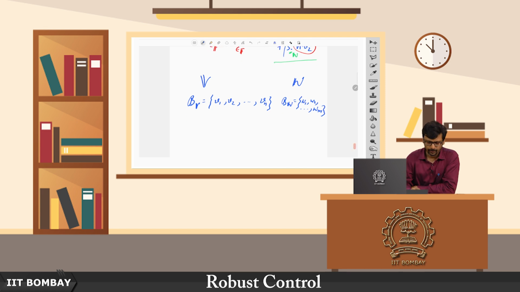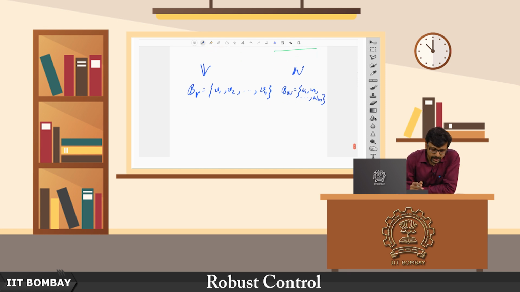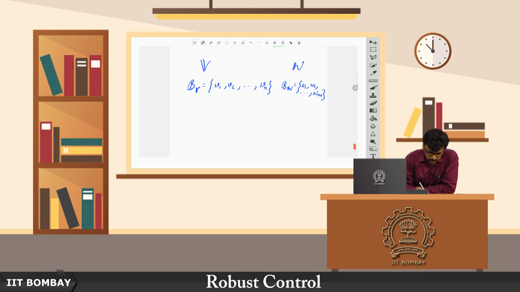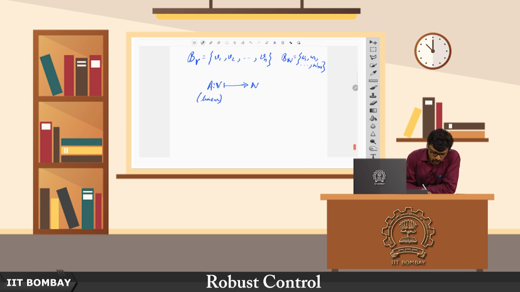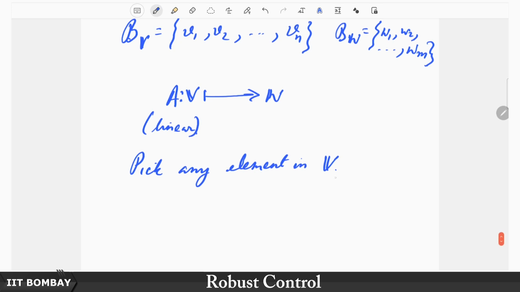All right. So, now what do we say about this? How do we describe a linear map? So, suppose A is a linear map from this V to this W. Okay. So, pick any element in V. Now, since the basis is a spanning set, say small v.